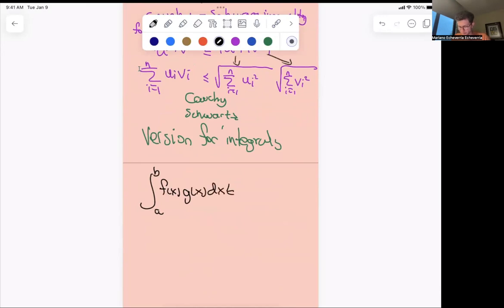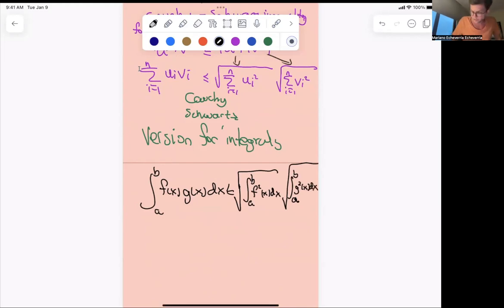But it says that if you have two functions, you multiply them and you integrate them, which is actually the continuous analog of doing the dot product, an integral of a product. So the version of the Cauchy-Schwarz is that this is less or equal to the square root of the integral of f squared of x dx times the square root of the integral from a to b of g squared of x dx.